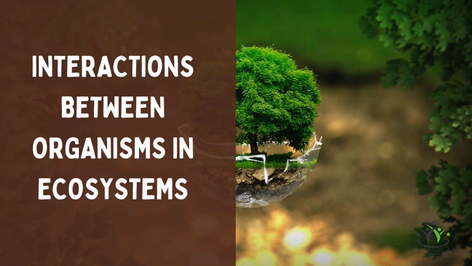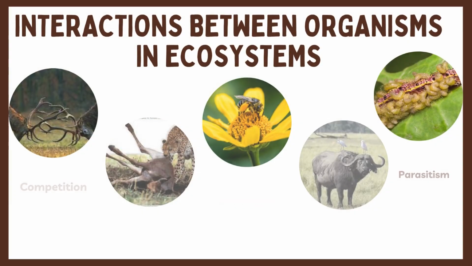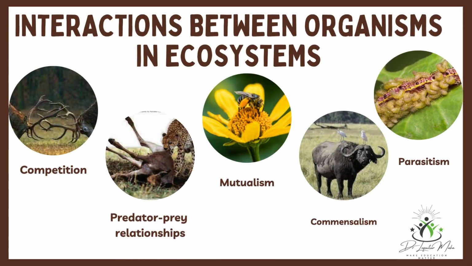Now, in this particular section, we're going to look at 5 relationships. That is competition, predator and prey relationships, mutualism, as well as commensalism and parasitism. So when we look at competition, this is when 2 or more individuals in an ecosystem want or need the same limited resource.